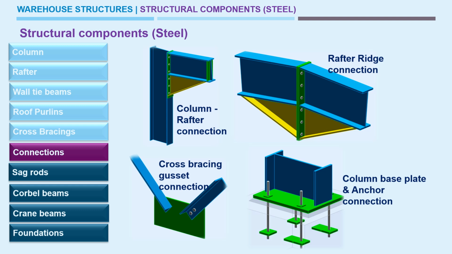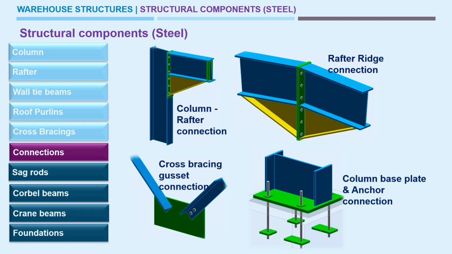Not only this, there are also additional connections such as splice connections, which are required to connect the same member when it goes more than the available length, so that we need to break the length. Suppose this rafter has a span of more than 12 meter; sometimes steel members are not available in more than 12 meter lengths. Some countries even provide 28 meter spans, and in that case no splice is required.